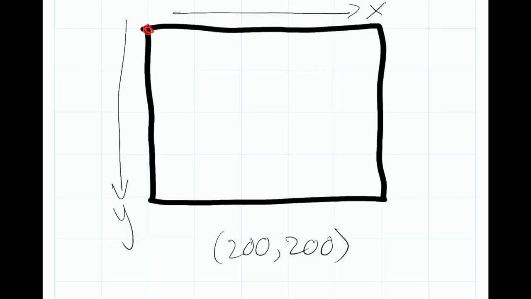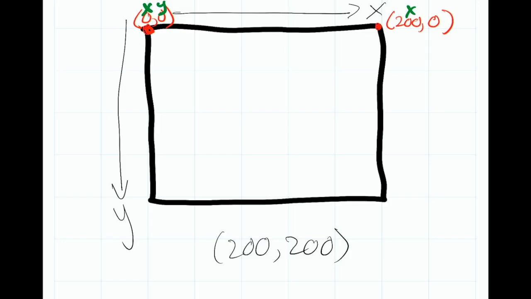So if we have a canvas that is 200 by 200, let's say, then this point up here, in the uppermost upper left corner, is 0, 0. Now this point here would be something like 200 by 0. For those of you that aren't familiar with the coordinate system, this would be x, this is y.